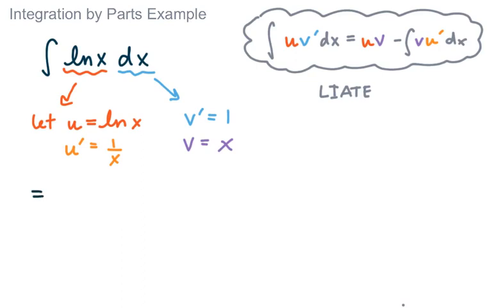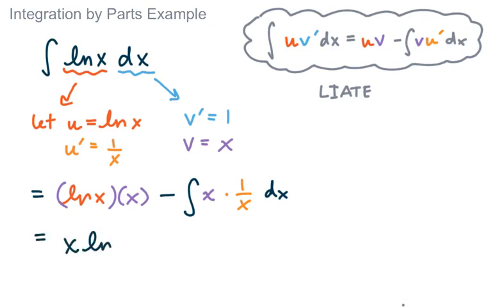So writing this out, that's going to give me u, ln x, times v, x. We have minus the integral of v, x, times u prime, which is 1 over x dx. So this simplifies.